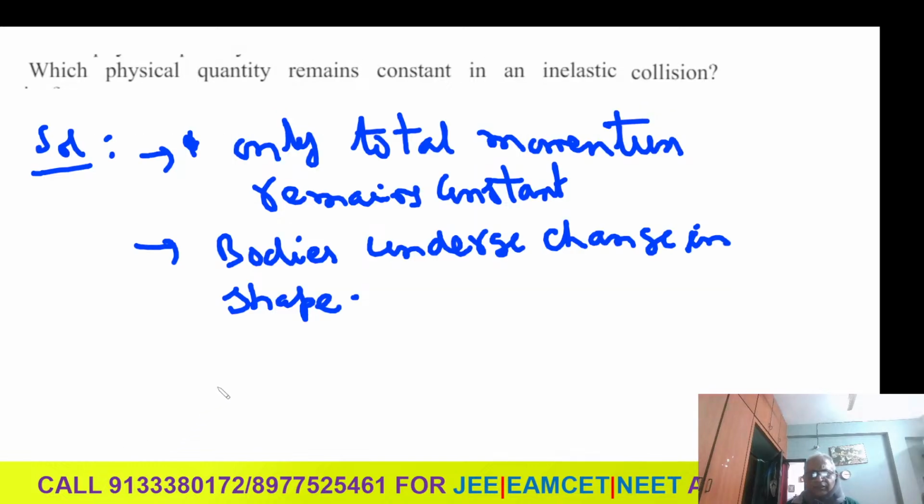Next question. Next chapter: system of particles and rotational motion. We are discussing very short questions from every chapter. I will be discussing with the director. It is better to learn very short questions from all chapters, but here it is the intermediate board examination. Last class we discussed very short questions in all the chapters: physical world, units and dimensions, motion in a plane, laws of motion, and motion in a straight line.